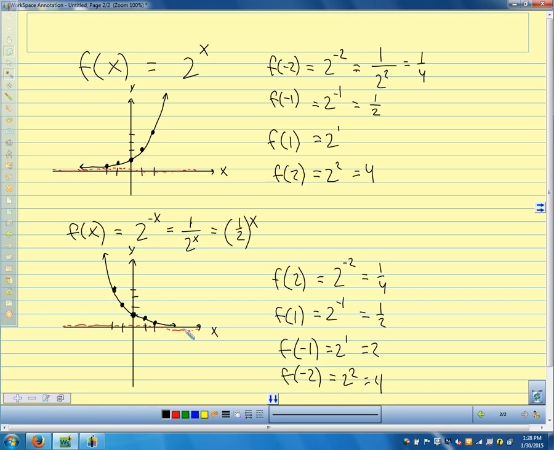And the graph of any exponential function is going to look more or less the same as this. Always the same kind of curve, always go through this same point, always have the same horizontal asymptote. All right. We good there?